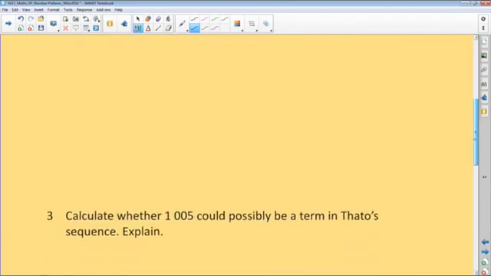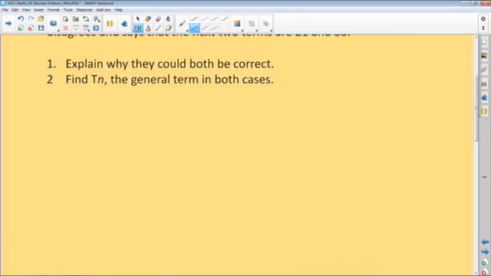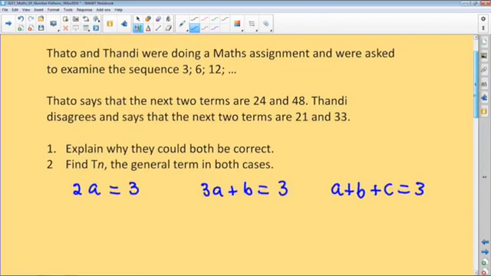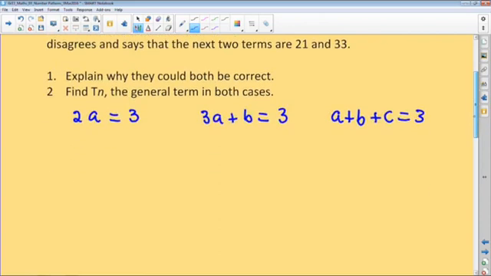But we will get just one example that's going to work perfectly with different numbers. So we'll just stick to the old version. Your 2a is 3, your 3a plus b is 3 as well, and your a plus b plus c is 3 for that sequence for Tandis. From there you can quickly work out, your 2a is 3, so a is 3 divided by 2.